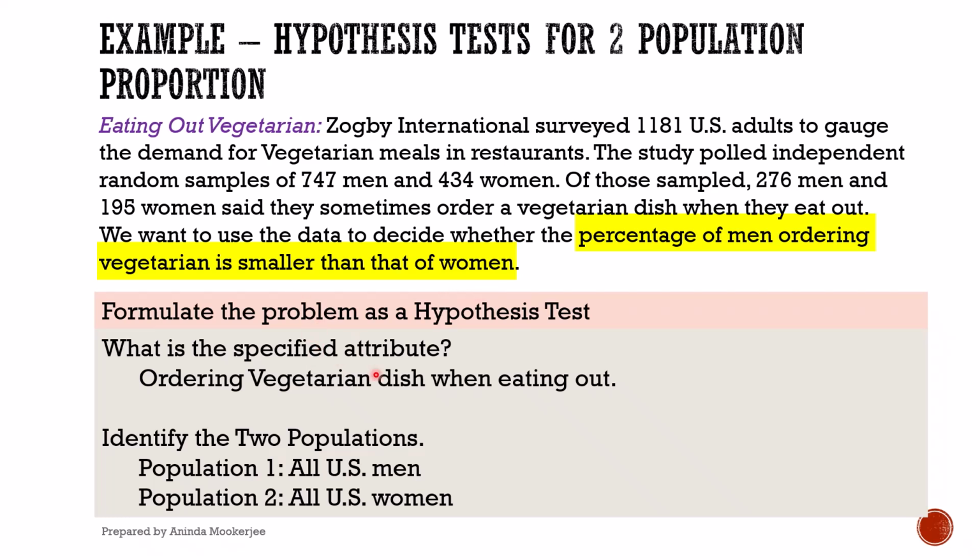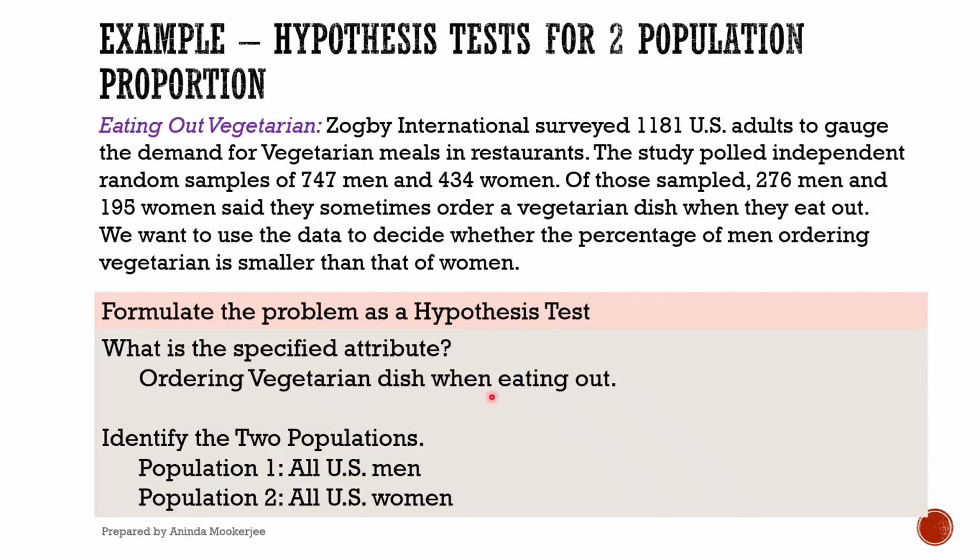All right. So first is to formulate the problem as a hypothesis test. This particular question asks, what is the specified attribute they are looking for? Recall that proportions are about checking for a specified attribute. So in the questionnaire that was sent out, the question was probably, do you order a vegetarian dish when eating out, right?